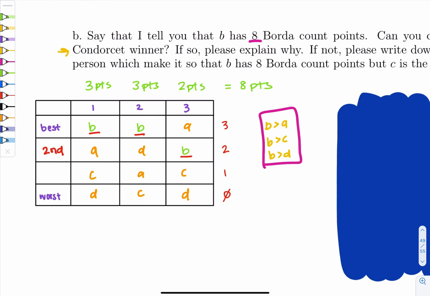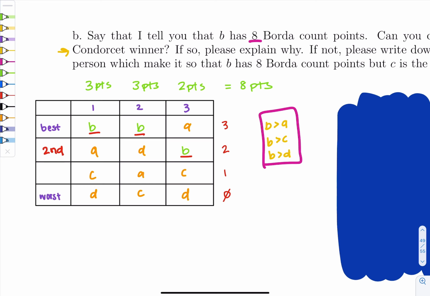B receives the 8 Borda count points because it is ranked first here, and then is ranked last here by this voter. So from the first voter, B would receive 3 points. From the second voter, another 3 points. And from the third voter, 2 points. 3 plus 3 plus 2 equals 8.